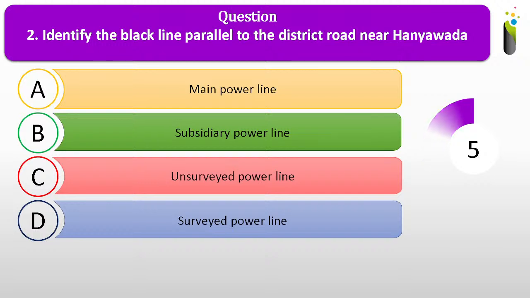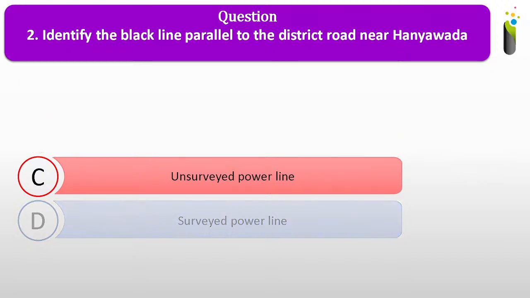What should be the answer for question number 2? Give me the answer. And the answer for question number 2 is unsurveyed power line. So the black line parallel to the district road near Hanyavada is the unsurveyed power line.